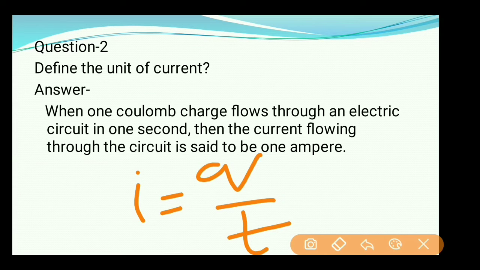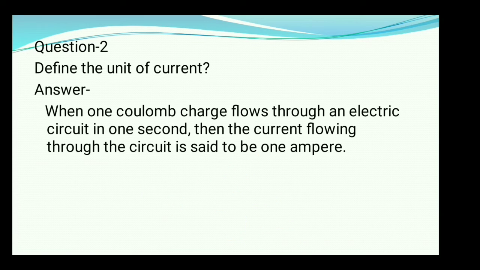So what is the definition of 1 ampere? When 1 coulomb of charge flows through an electric circuit in 1 second, then the current flowing through the circuit is said to be 1 ampere. So from this formula you can deduce this answer.